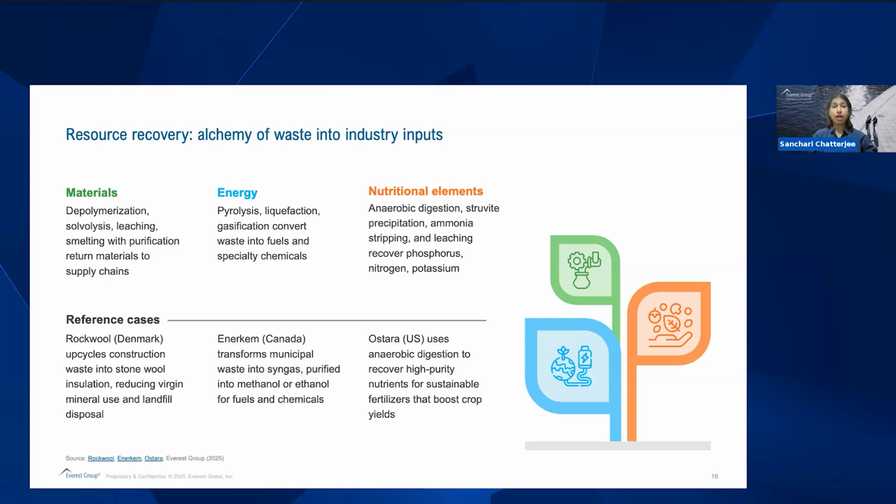So to wrap this section up, circularity isn't a single step, it's a system evolution. Companies begin with internal firm level actions, then grow through ecosystem partnerships, and finally mature into fully service and recovery driven networks. So for the next section, I would pass this presentation back to Jillian.